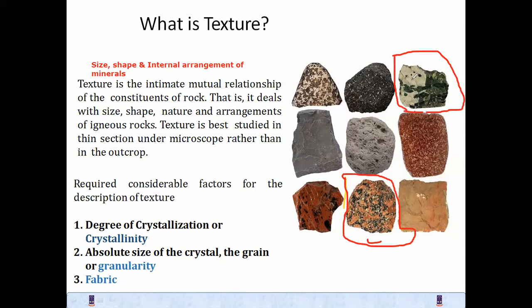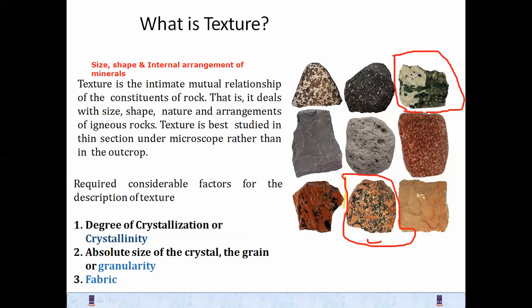So when you take any rock, it consists of different minerals. Okay, different minerals come together, then such types of rocks are found. Such rocks are considered as polymineralic rocks. Two types of rocks are there. Monomineralic means only a single mineral is there, and polymineralic means different minerals are there.